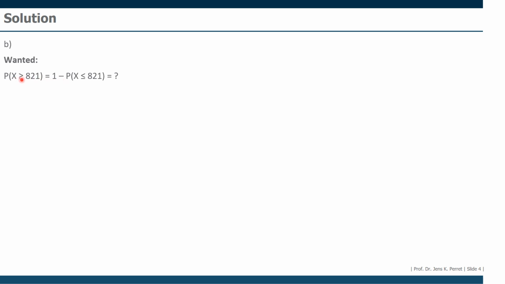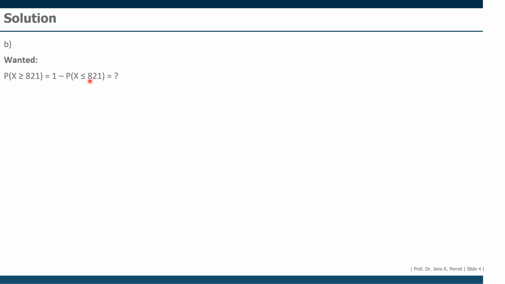So x larger than 821 is the same as 1 minus P of x smaller or equal to 821. Here we do not have to take care whether we use greater than, smaller than, or smaller or equal to, because this is a continuous distribution.